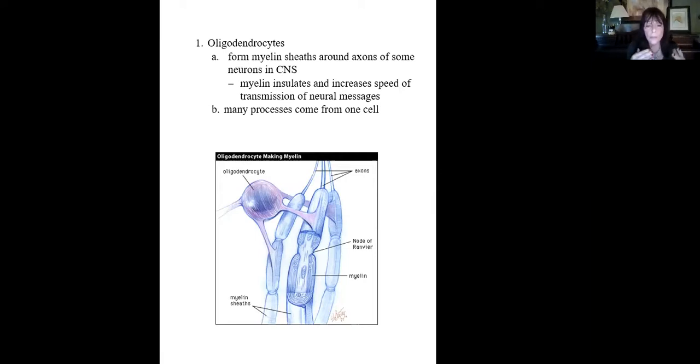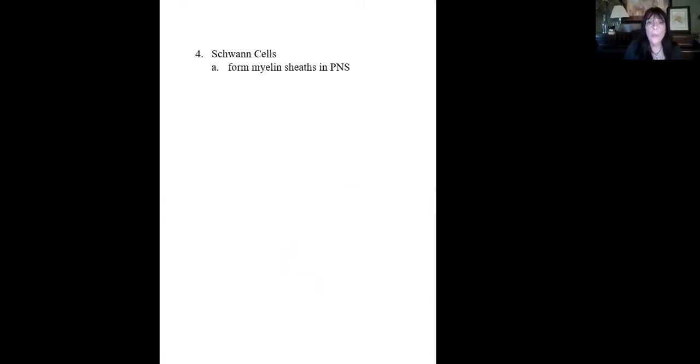When we get to neurophysiology, we will be talking about how these particular cells contribute to that insulation and to conduction of neural messages.